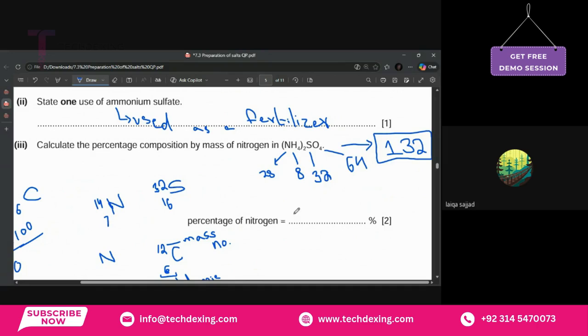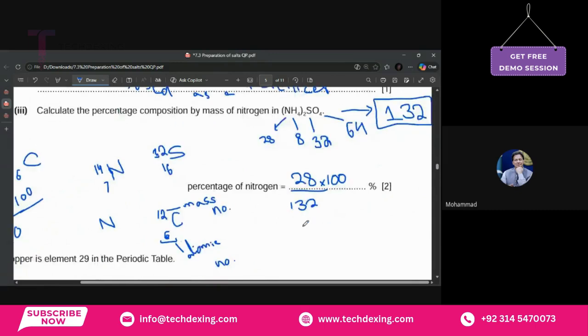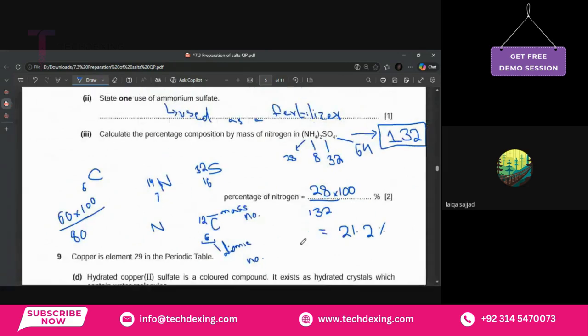So to find the percentage, you will simply divide 28 by 132, which is the total mass of the compound, and you simply multiply by 100. Very good. And it would give you 21.2%. This is how we find the percentage composition.